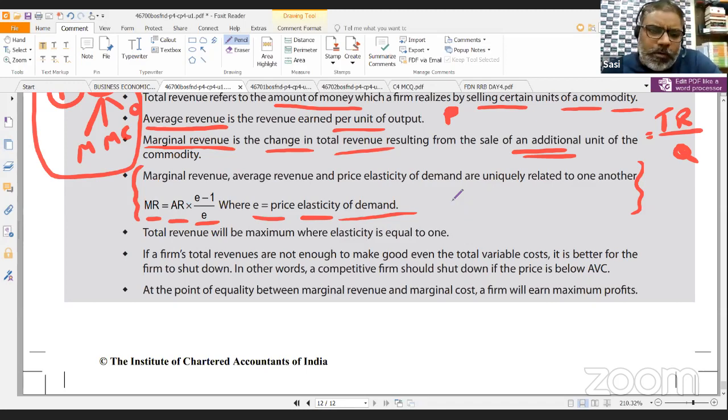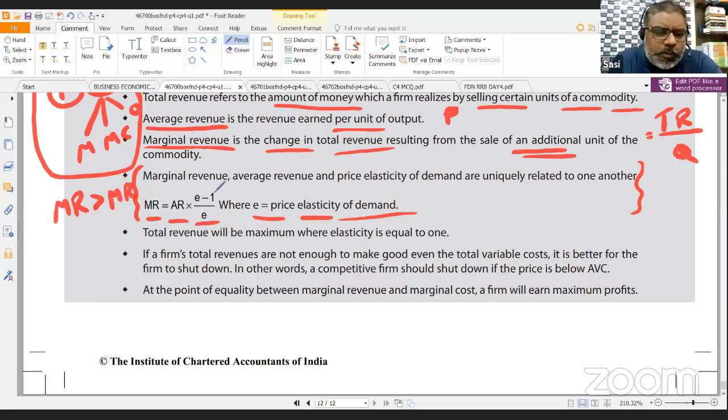No additional revenue will be generated if at all exactly the elasticity of demand is equal to 1, which is unitary elastic. If at all E is greater than 1, then what? Then definitely marginal revenue will be more than average revenue. So marginal revenue will be more than average revenue in that scenario where elasticity of demand is more than 1.